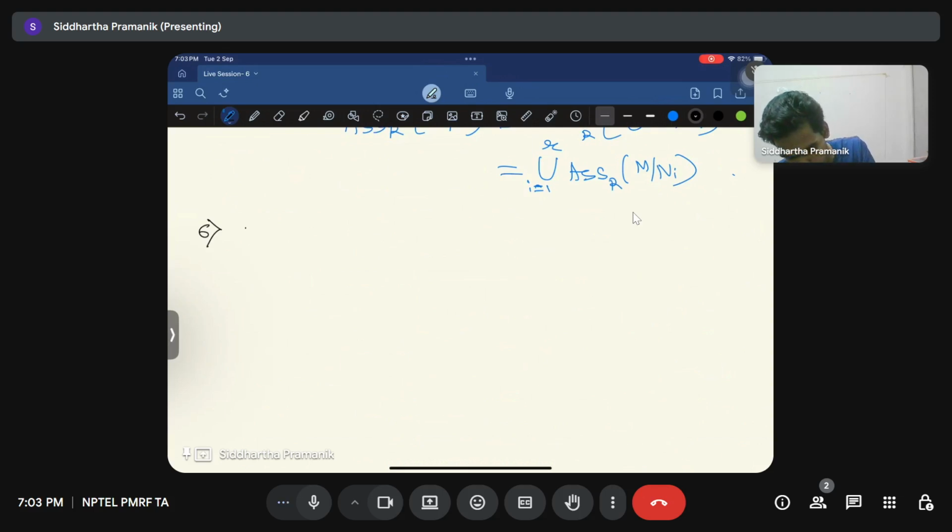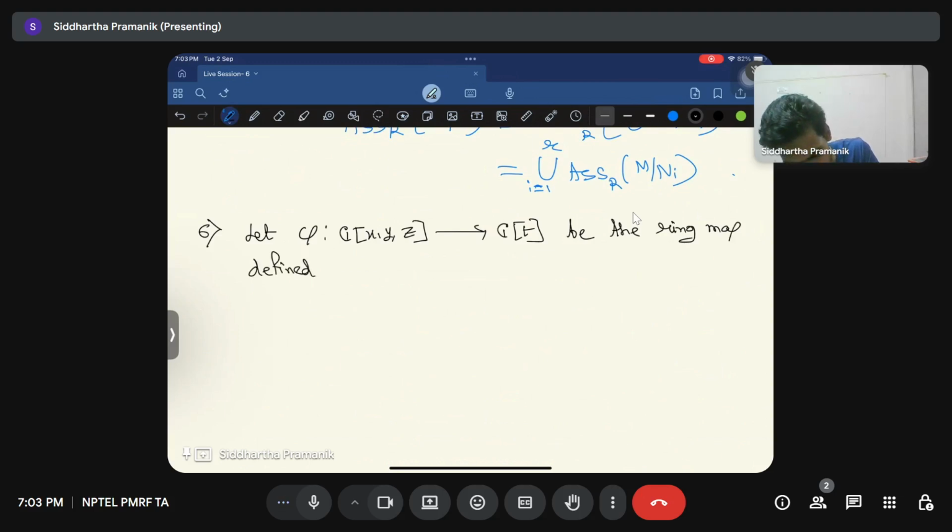Let phi from C[x,y,z] to C[t] be the ring map defined by x mapping to t^3, y mapping to t^4, and z mapping to t^5.